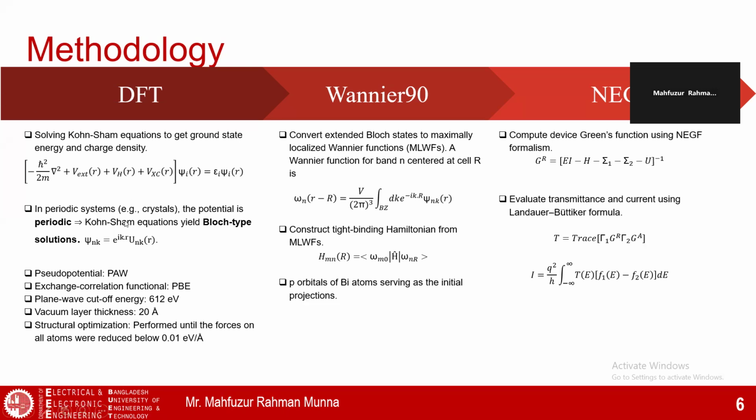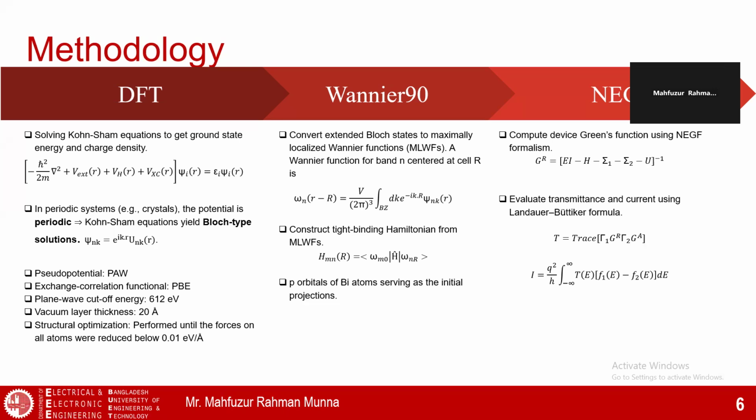So by solving this equation, we get a Bloch type solution, psi nk equals e to the power ik dot r times u nk. Now, these Bloch wave functions are not localized in position space. They are localized in momentum space, but they are delocalized in position space. However, for building a tight binding Hamiltonian, we need localized orbitals, just like atomic orbitals.